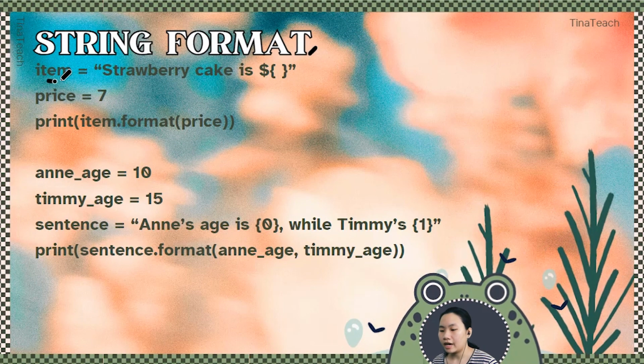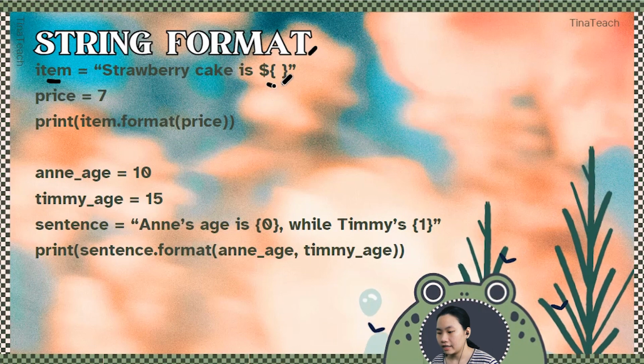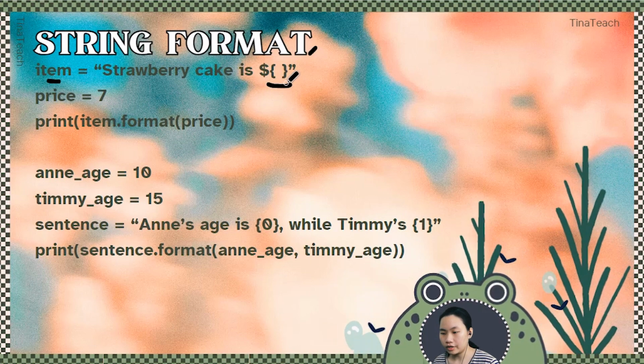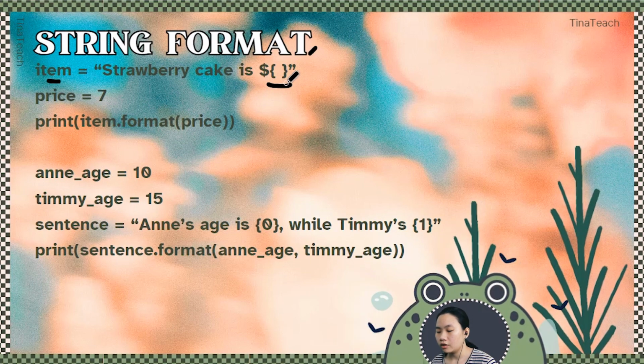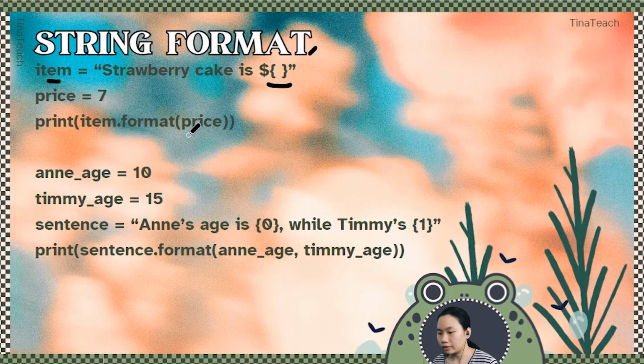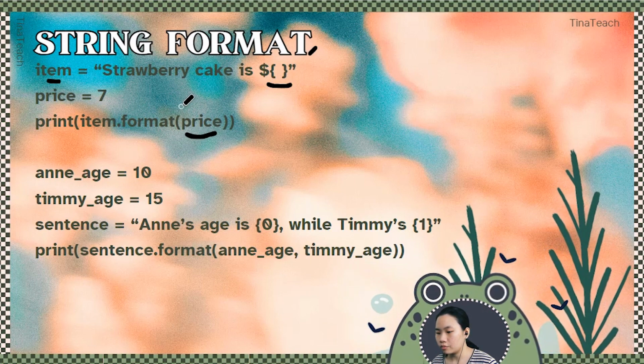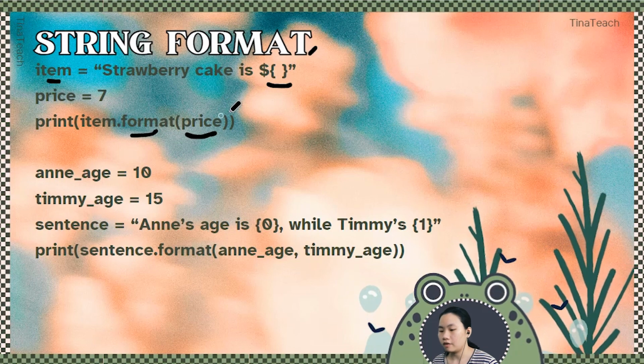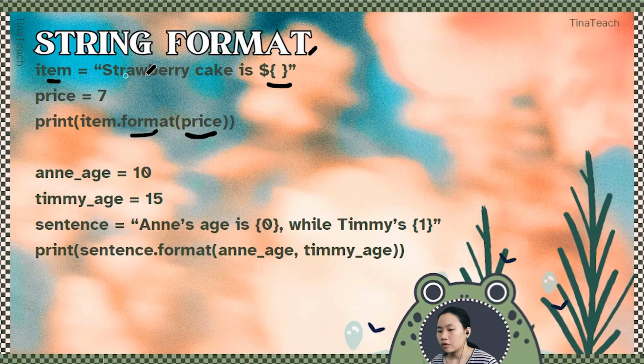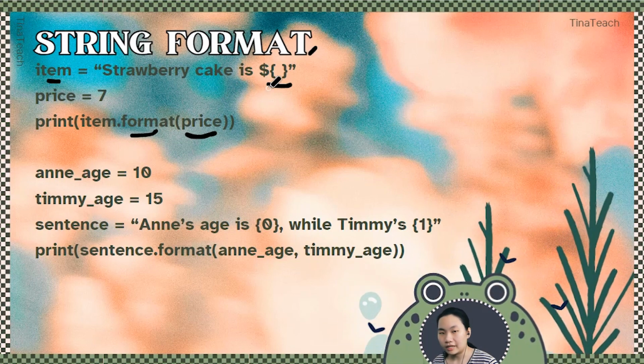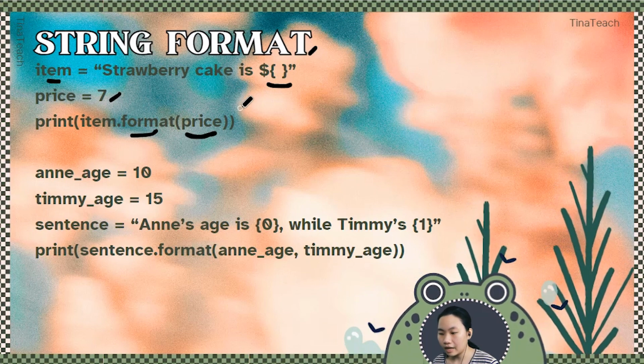I have an item variable right here, and you can call this a placeholder. It will store or display whatever value is within the parentheses of the format. So I have "strawberry cake is blank dollar," and then I have the price of 7.